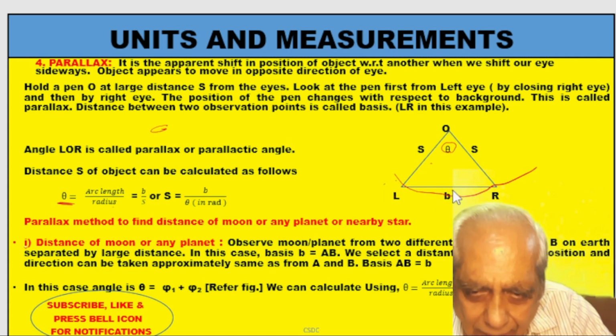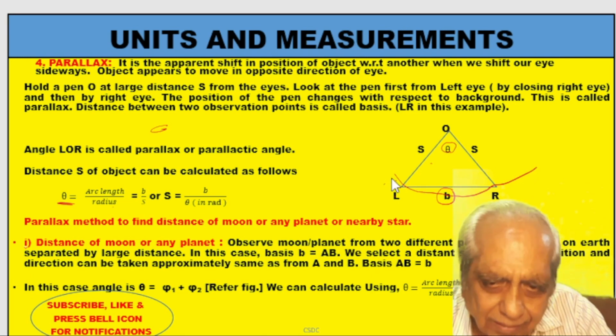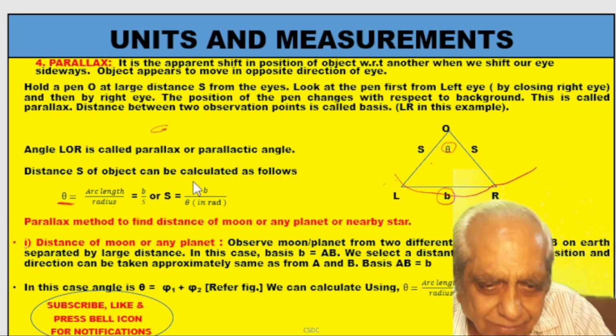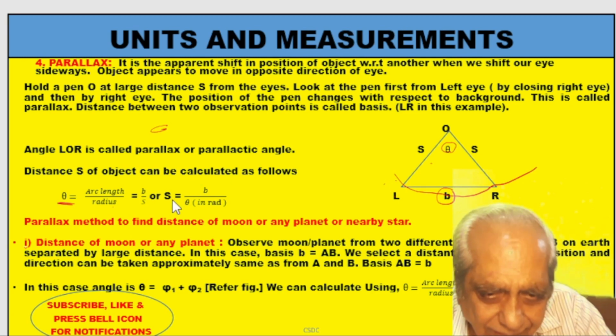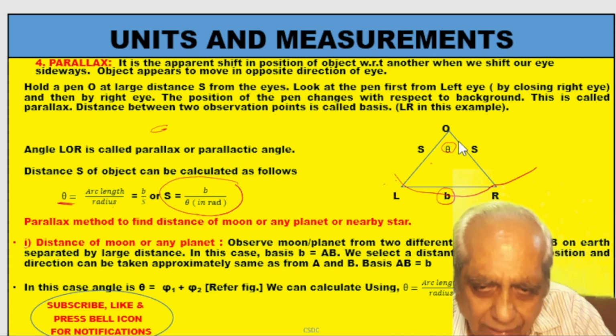So this is my arc length, because between this chord and the arc there is hardly any difference when S is very large. So this is B, and S is the radius. So I can say S is equal to B upon theta. This is the formula I have got, because I wanted to find how far away the point O is from this location. So S is B upon theta.